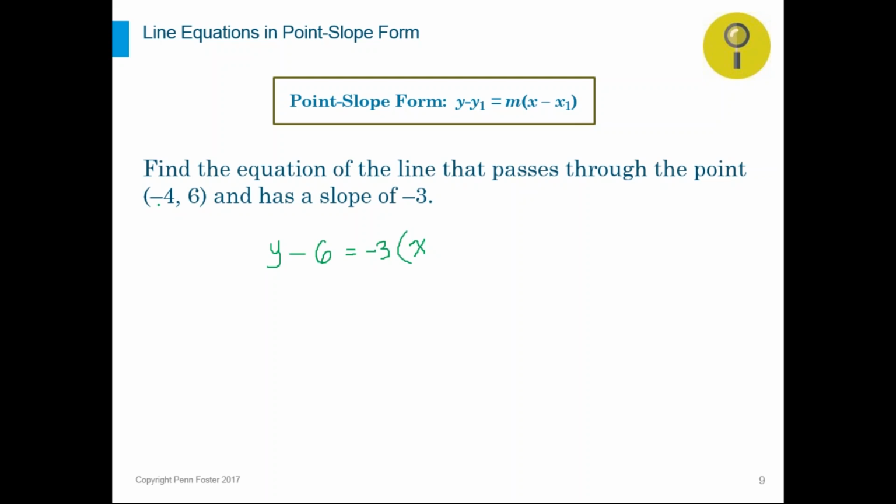Well, x1 itself is -4, but we have a minus here. That makes me write it as +4. That's it. And this line without graphing is a declining line because it has a negative slope. So in this way, I just use a point and a slope, and I came up with the equation.